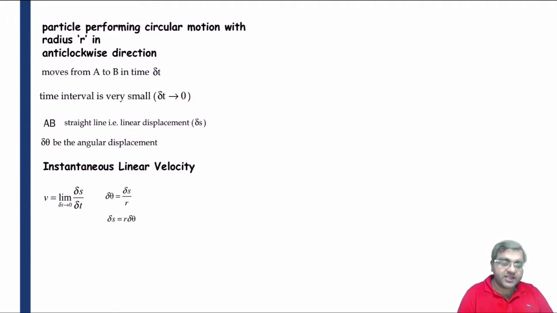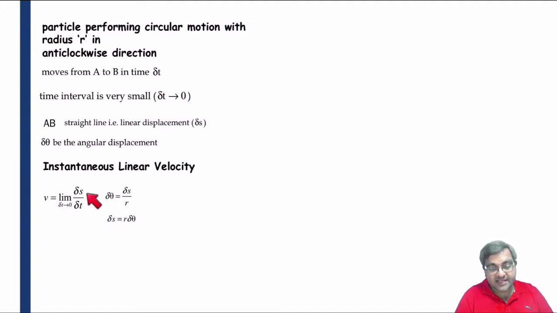Now we know the relationship between angular displacement and linear displacement: angular displacement is equal to linear displacement upon the radius. Therefore, linear displacement is radius times the angular displacement, or delta s is equal to r delta theta.